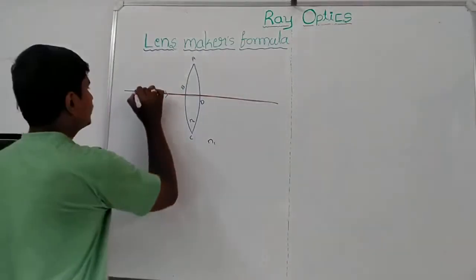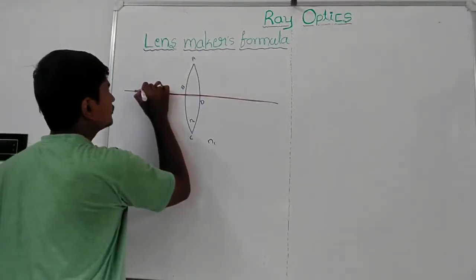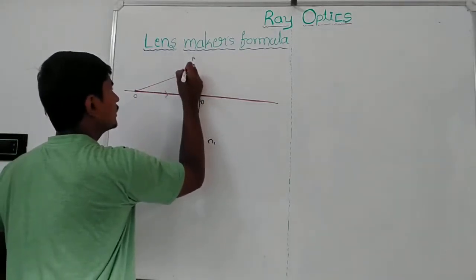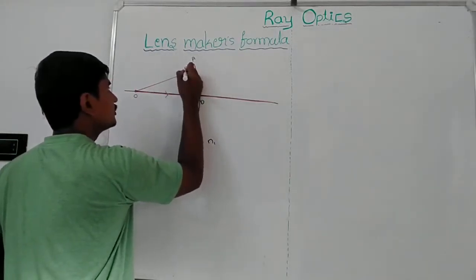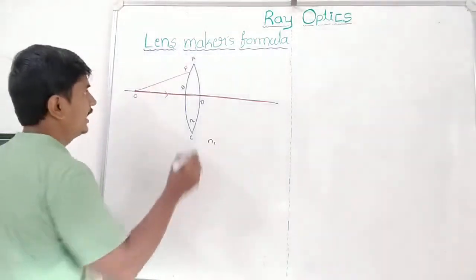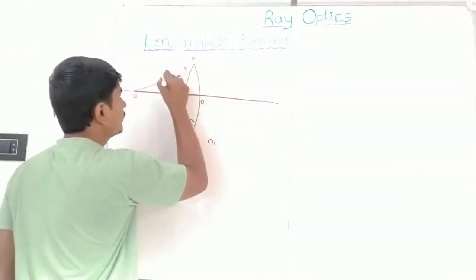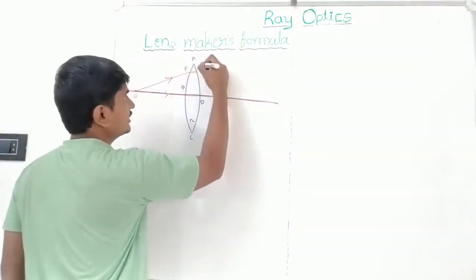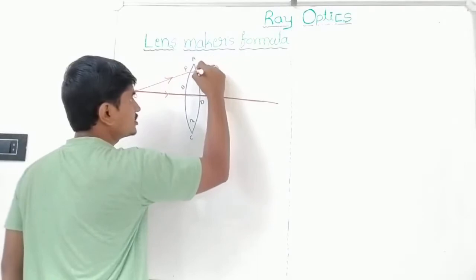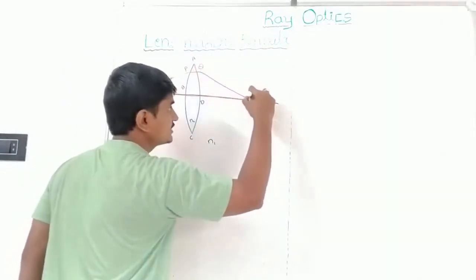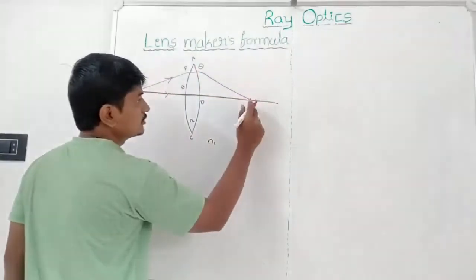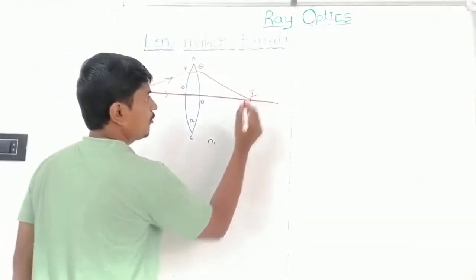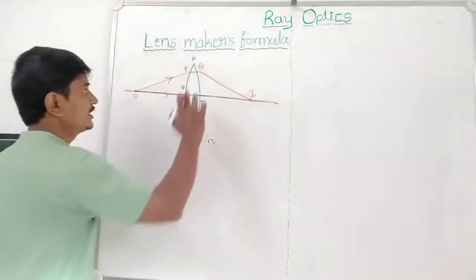Then another ray is incident on the lens at P, and this ray is refracted as PQ and emerges and meets the principal axis at the point I.